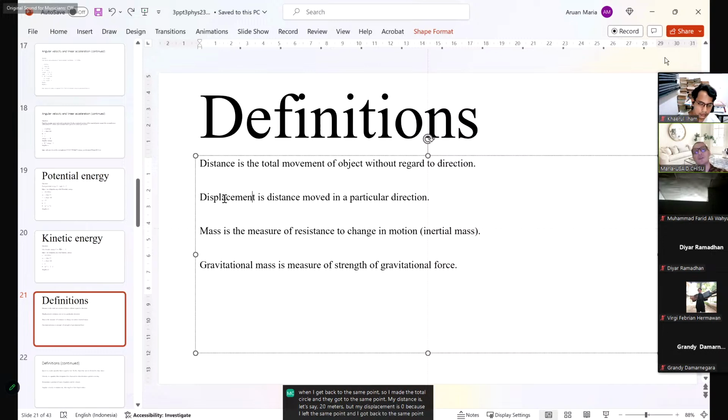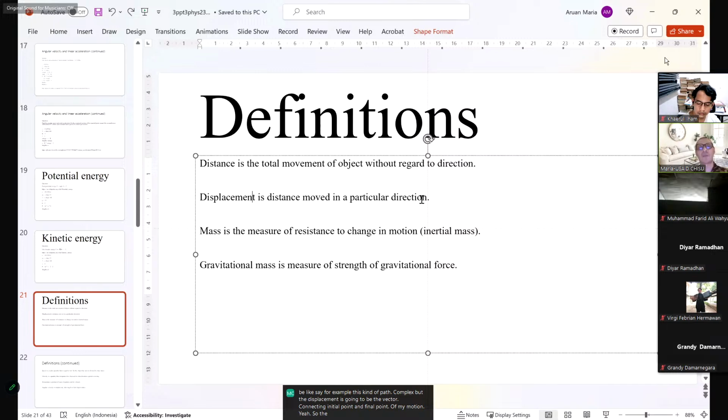In other words, displacement is the distance moved in a particular direction. So, for example, distance is going to be, let's say, this kind of complex path, but the displacement is going to be the vector connecting the initial point and final point of my motion. So displacement is a vector, whereas distance is a scalar value.